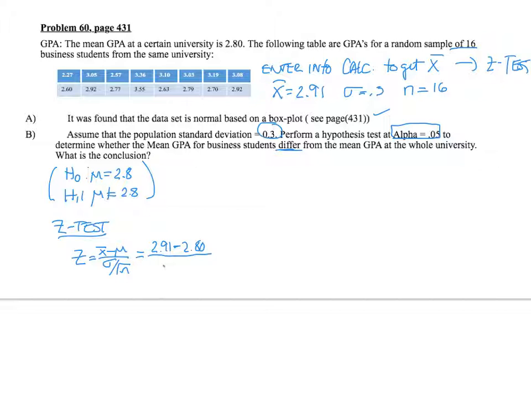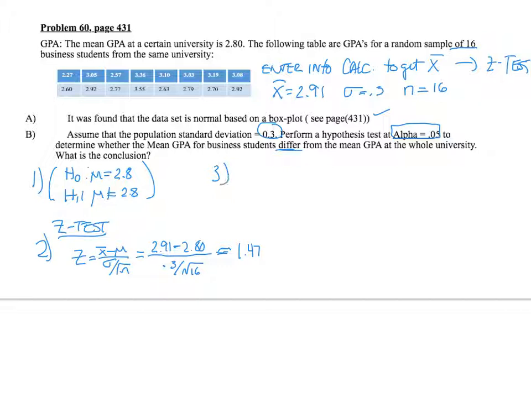Sigma is 0.3 divided by the square root of 16, of course, which is 4. So we get an answer of approximately, if I round up, 1.47. And this was step 2, this was step 1.